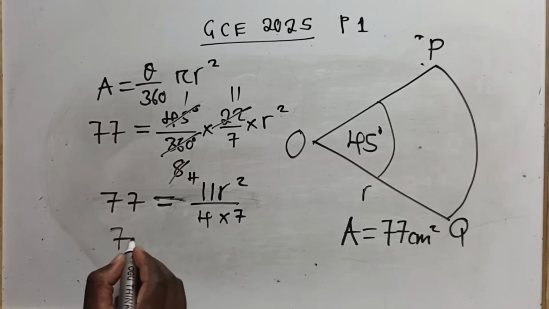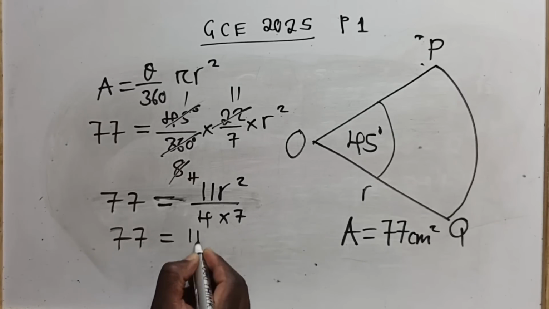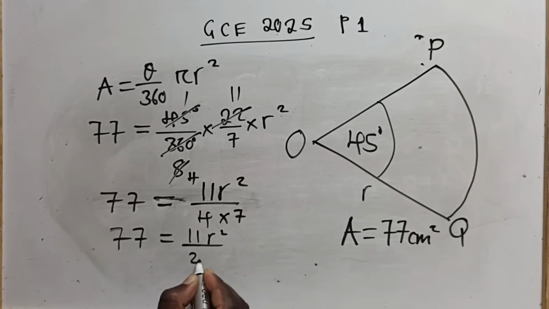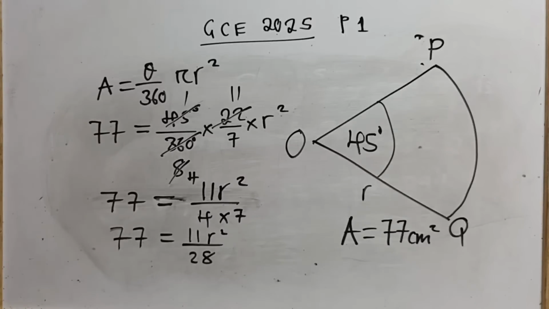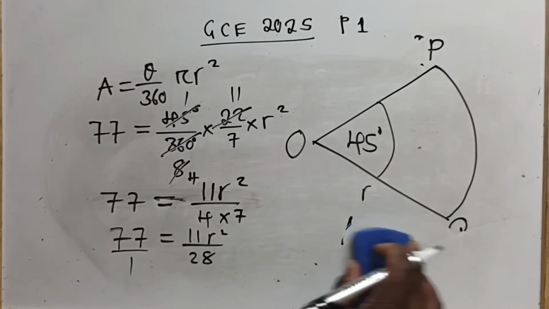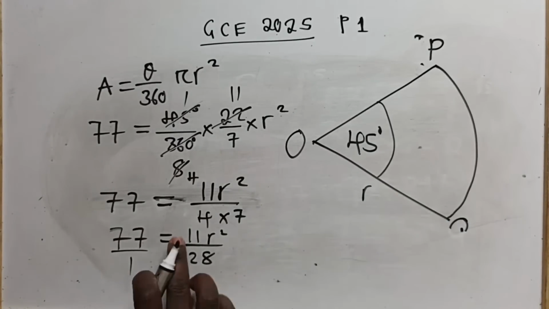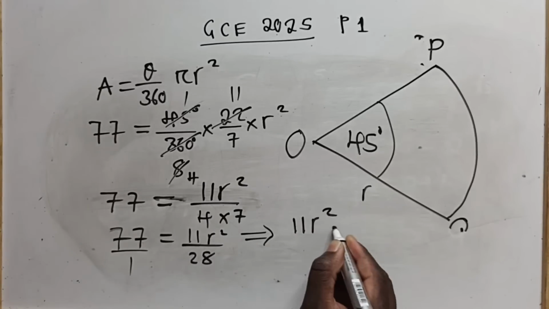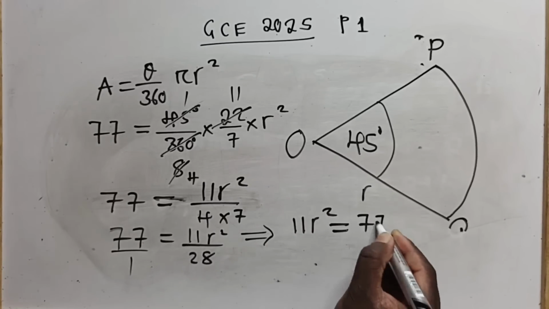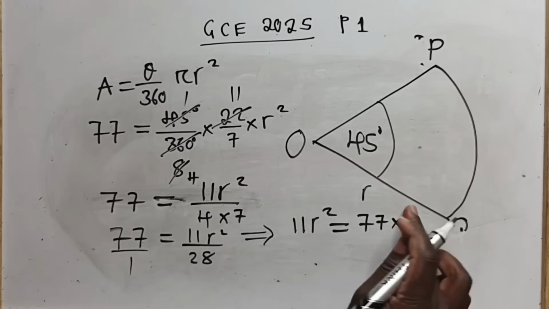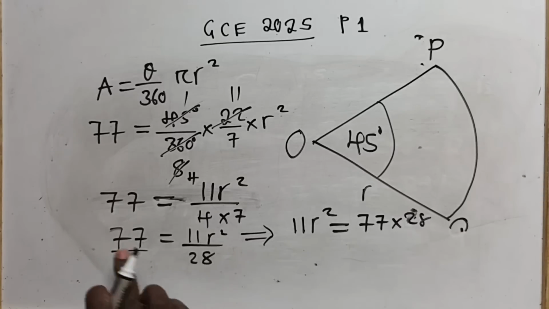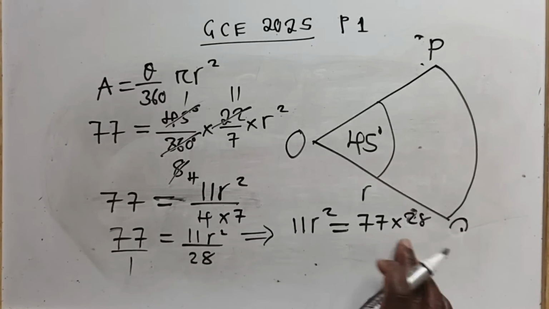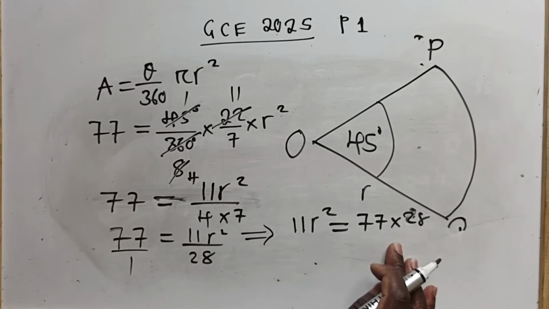So 77 is equal to 11r squared over 28. Once we get this 28, we're going to cross multiply. So this will simply be 11r power 2, which is equal to 77 times 28. Don't simplify here, to avoid working with bigger numbers.